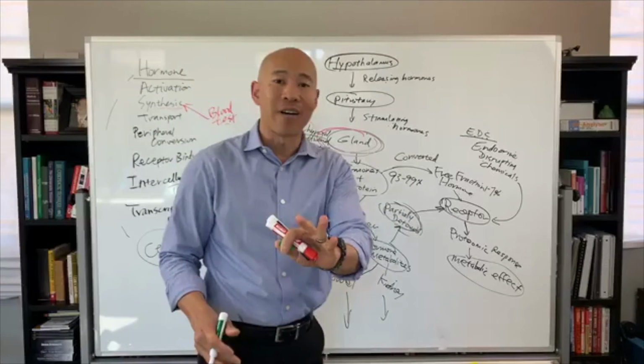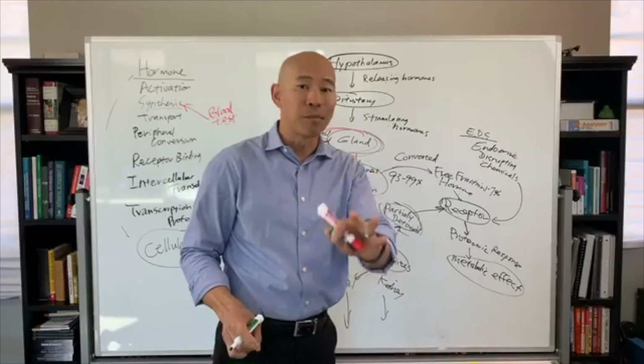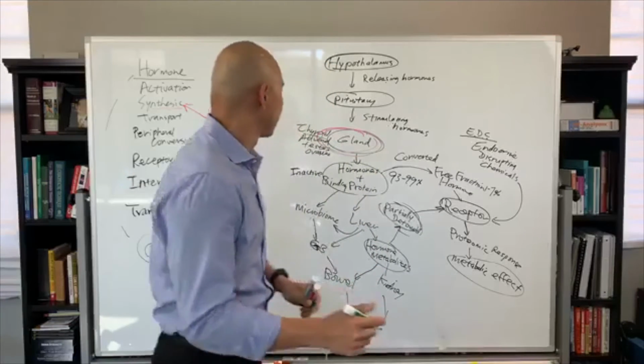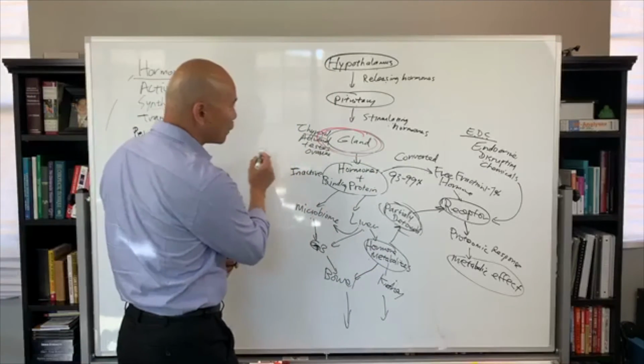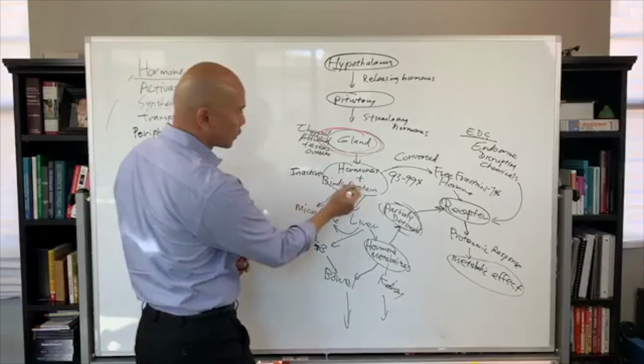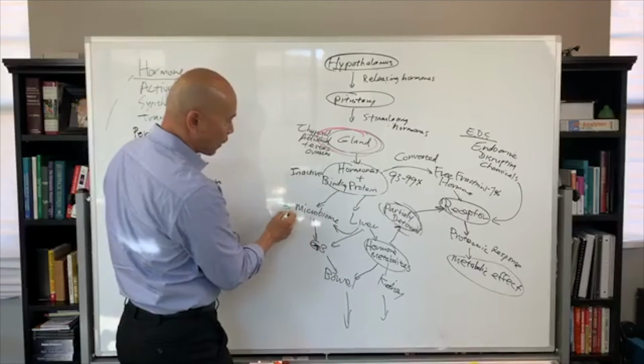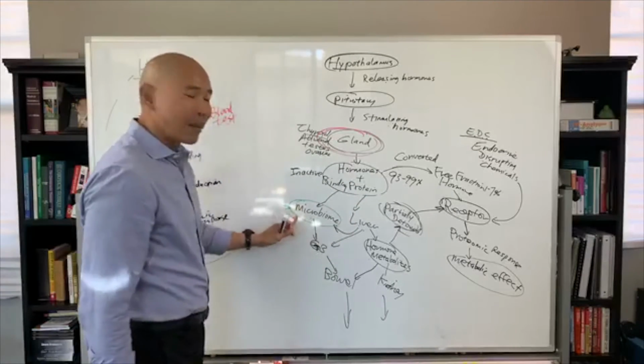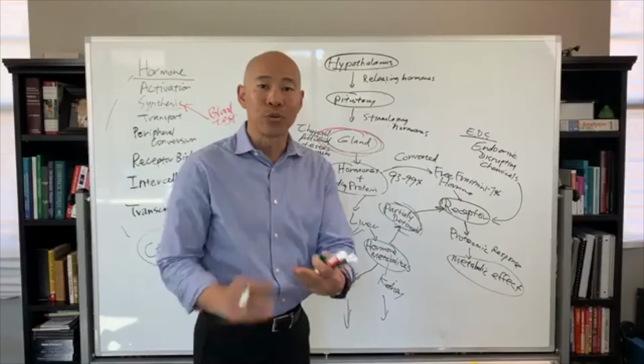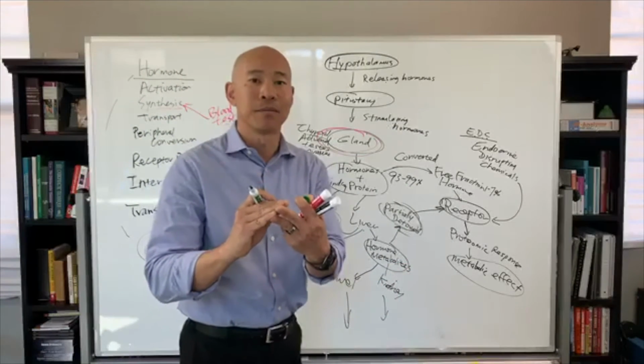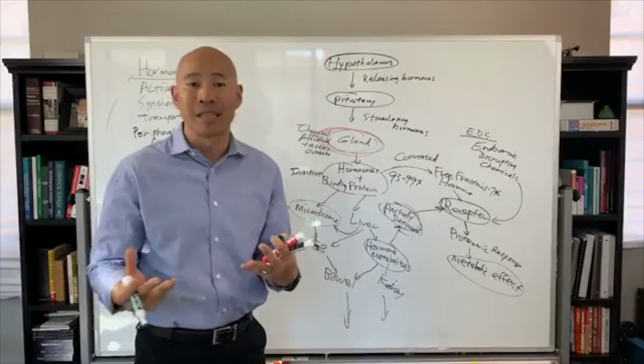This is all modifiable through nutrition, supplements, lifestyle change. So can we intervene at this level? Let's just say right here, you see the microbiome? We can influence the microbiome through diet, supplementation, through doing certain types of gut detoxes.